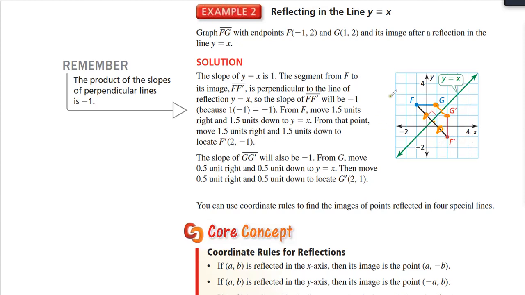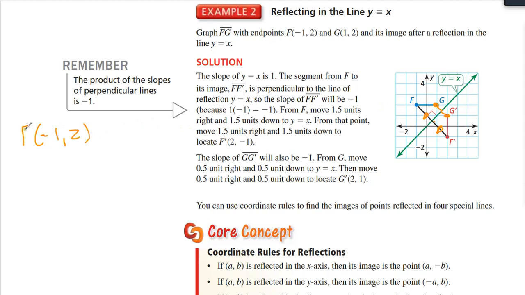Now, this looks super hard. Turns out it's not. Because when you're reflecting across the line y equals x, there's a cool little rule you can use. They're written down here, but let's just see what's happening. This point right here, F, is the point -1, 2.